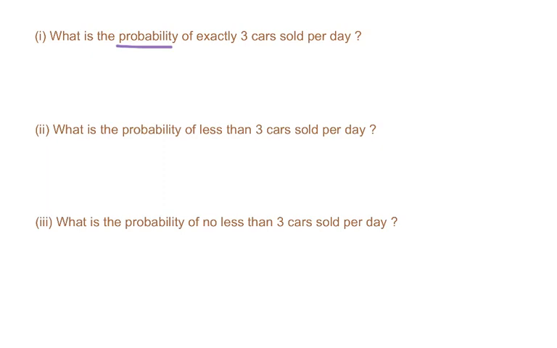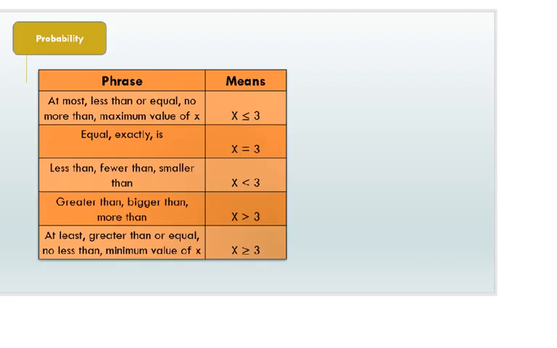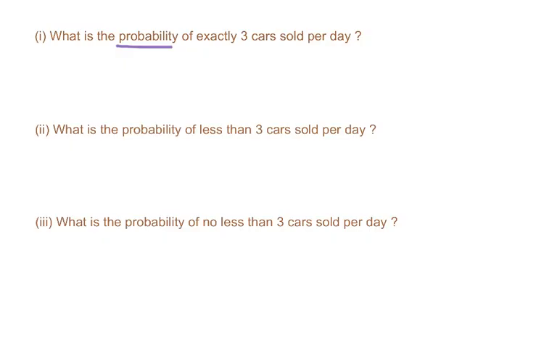So when the question asks for the probability and you have a probability distribution, we look at these phrases to calculate it. We represent probability with a capital P. So capital P represents the probability. Probability of what? It says cars sold per day.